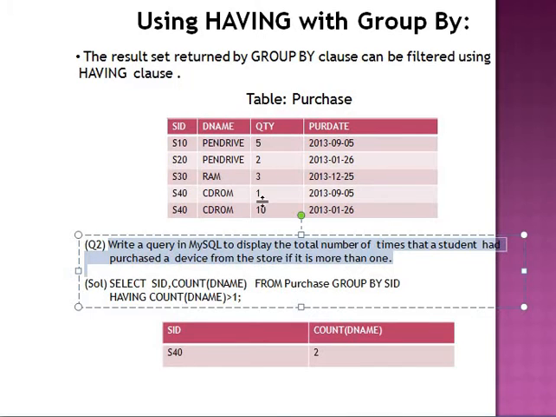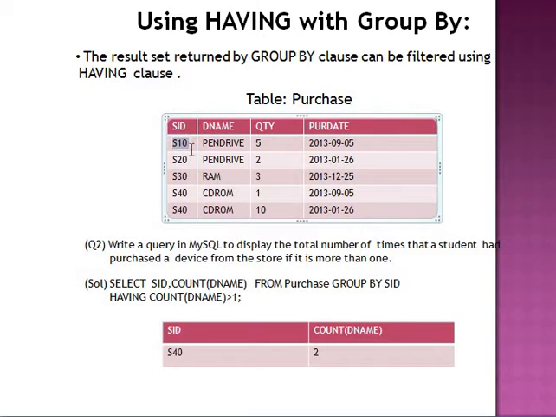Now if you look at this table, how many times the student bearing the SID as S10 has purchased this device pen drive? The answer will be 1, because this student bearing the SID value as S10 has purchased 5 quantities of this device pen drive only once, that is on this particular date.